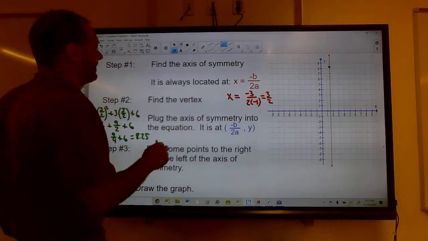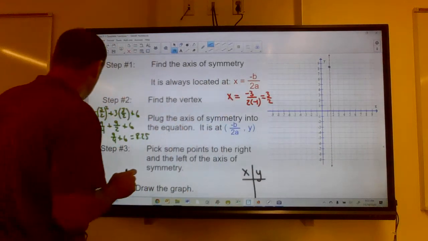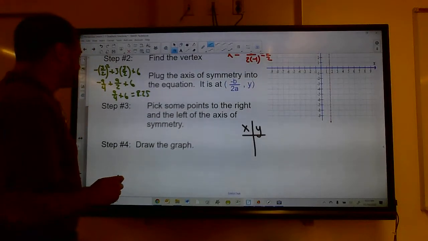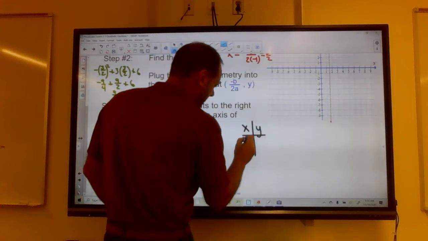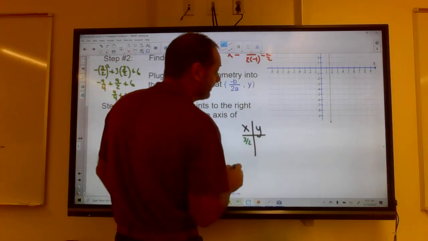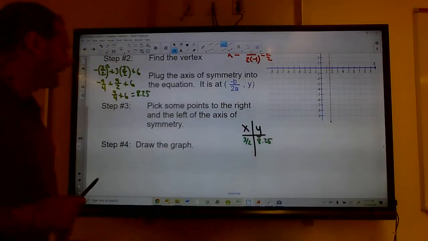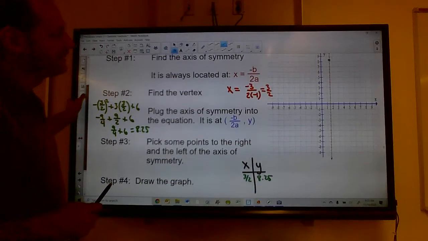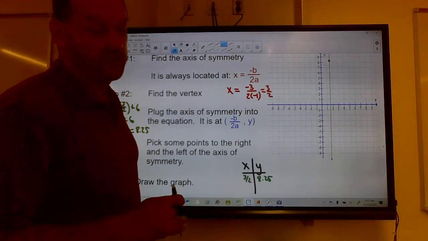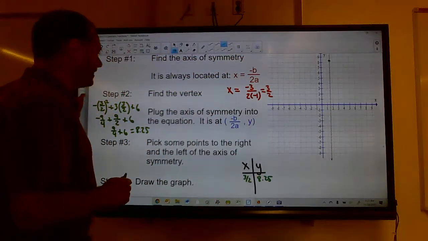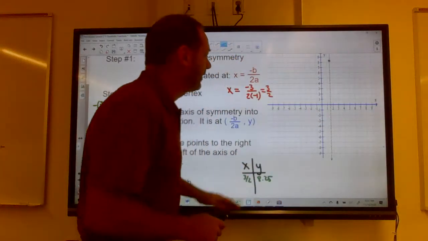So here's what I would do, I would make a table. And my first point in the table is always the vertex. So that was 3/2, and that came out to be 8.25. Okay, now what I want to do is I want to pick 2 numbers to the left, and generally a friendly number is 0, unless the axis of symmetry is way over here, then you probably don't want to choose 0, or way over here.